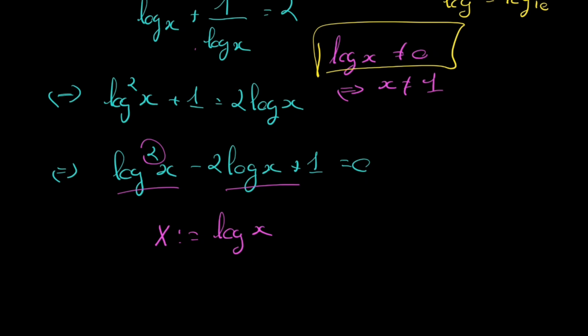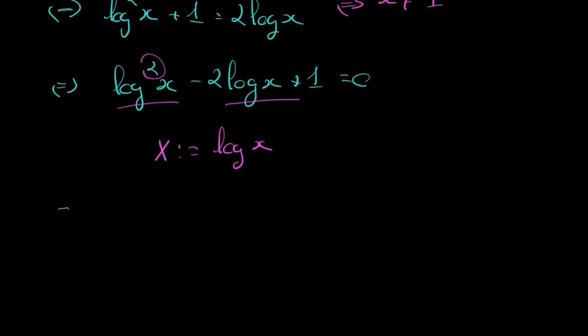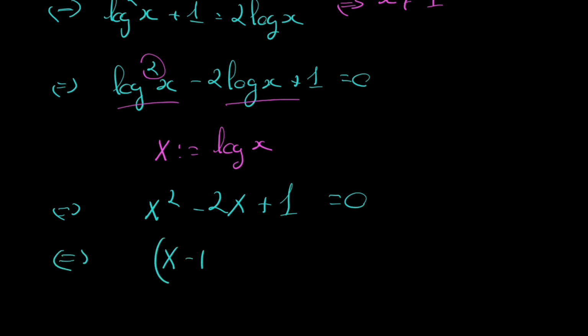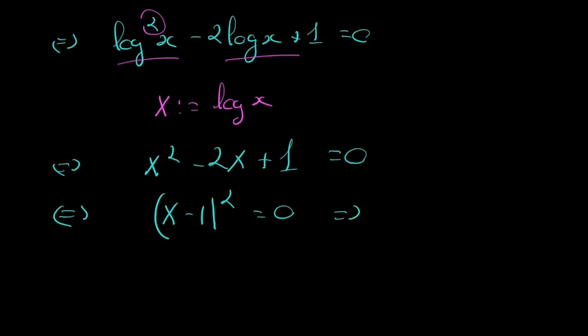And then we have a constant. So the equation becomes X squared minus 2X plus 1 is equal to 0. This is equivalent to X minus 1, squared, is equal to 0, which means that capital X is equal to 1.